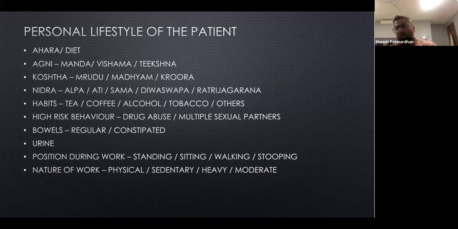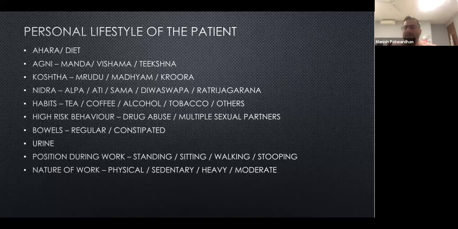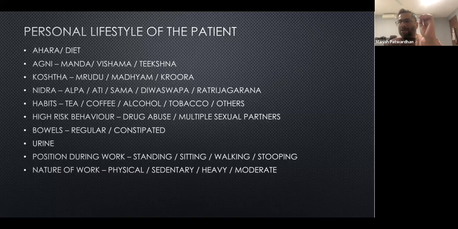There are two things which I always do. When I examine a person, apart from all the examinations I do, I also examine the strength of the mind of the person in the entire analysis.